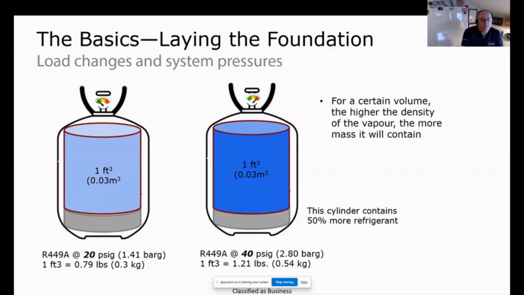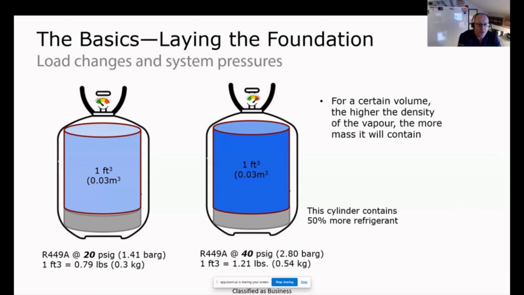So moving on to, again, we're talking about load and pressures and so forth. On this slide, we have two cylinders in the shape of a dumpy. On the left-hand side, we have R449A at 20 psi, and we have roughly 0.3 kilograms of refrigerant in that vessel.